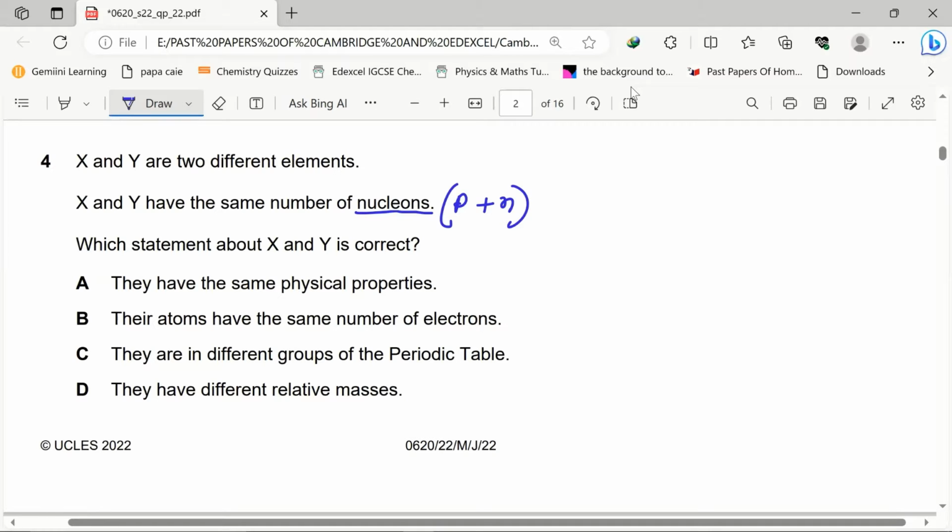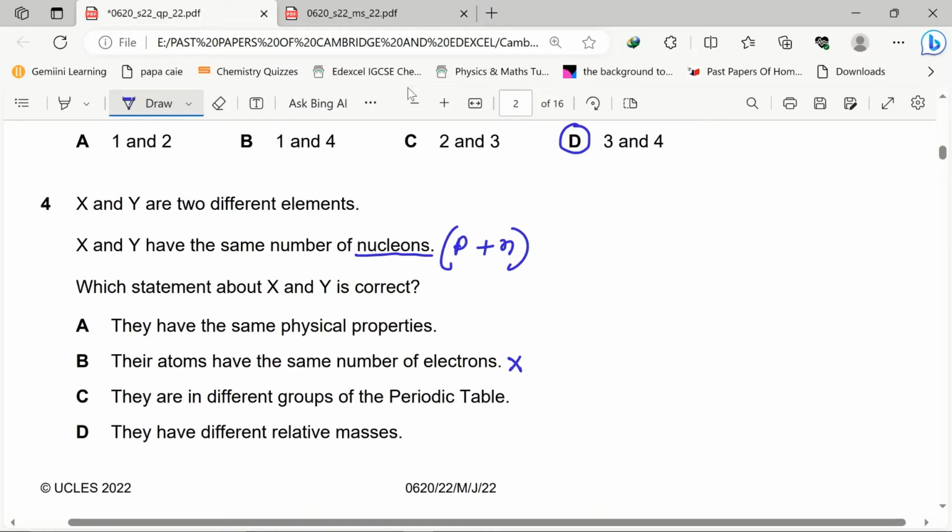So since X and Y have the same number of nucleons, we don't know whether they have the same physical properties or not. Their atoms have the same number of electrons. This should not be the correct answer. And they are in different groups of the periodic table. This can happen. So if we look at the periodic table, we cannot predict that they have the same physical properties.